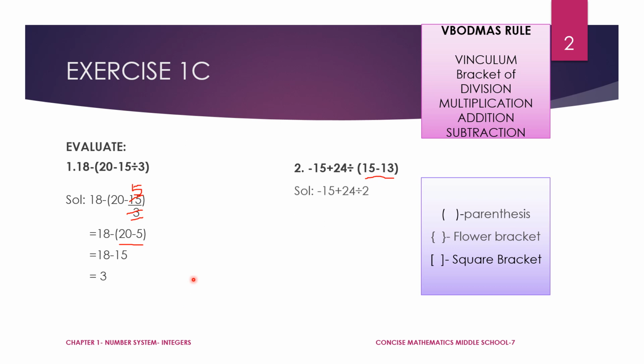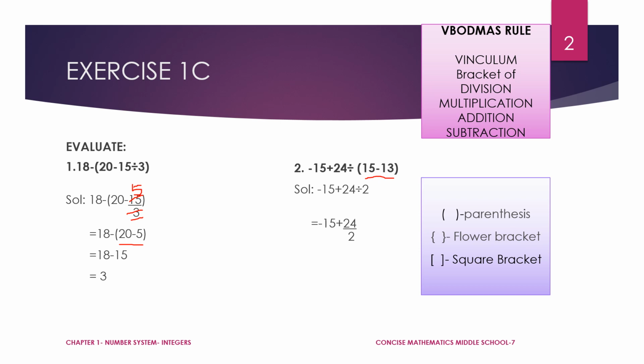So when you solve it, what you get is minus 15 plus 24 divided by 12. You should not solve the division first. You have to solve the integers which are there inside the braces. Now 15 minus 3 is 12, so it is written as minus 15 plus 24 divided by 12, right?